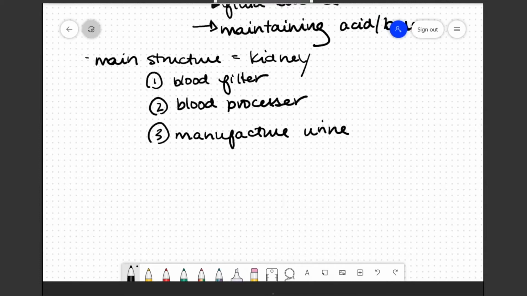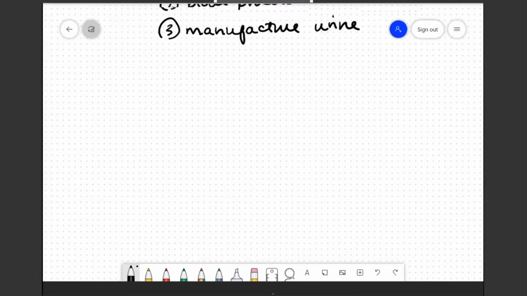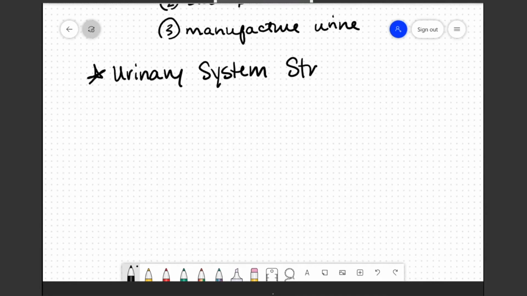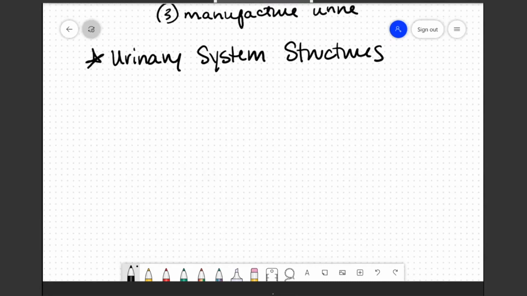So the kidney is going to be our main structure, but let's look at just the overall urinary system structures. Here's our little person. When we're talking about the urinary system structures, we're really going to be talking about anything that's on the lower half of the body.